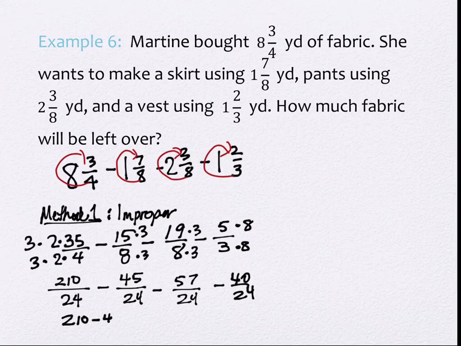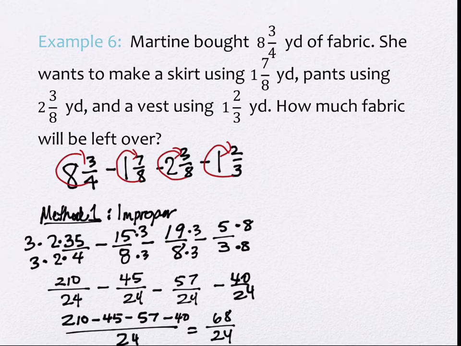So 210 minus 45 minus 57 minus 40 all over 24. So it's 68 over 24.